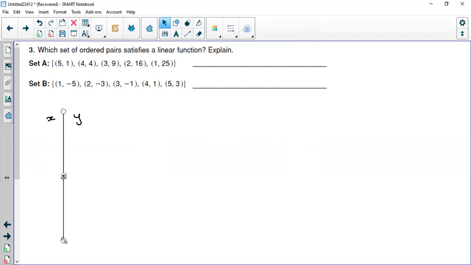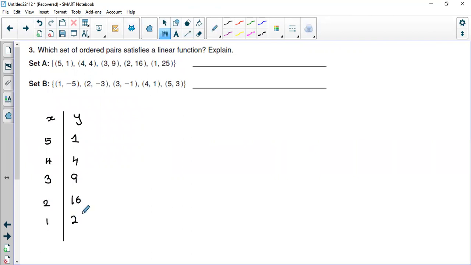So as I said, the value of y should be the same, or it should be constant. So when the value of x is 5, the value of y is 1. Then it's 4, here it's 4. Then 3, 9, 2, 16, 1, and 25.